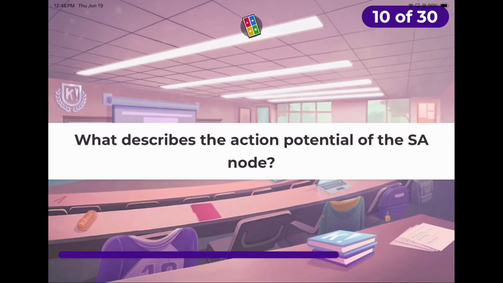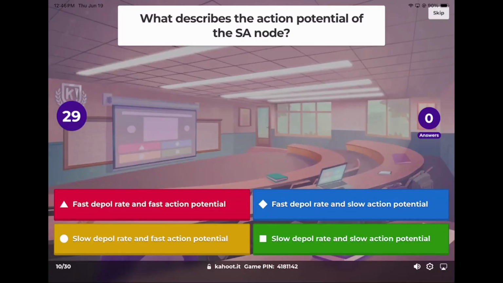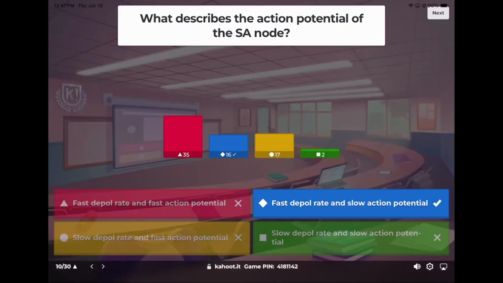Okay, what describes the action potential of the SA node? So is this a rhythmic cell or a muscle cell? Okay, so the depolarization rate. The depolarization rate is how many times it is going to depolarize in 1 minute, which is your intrinsic heart rate.